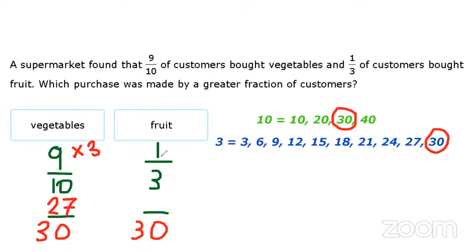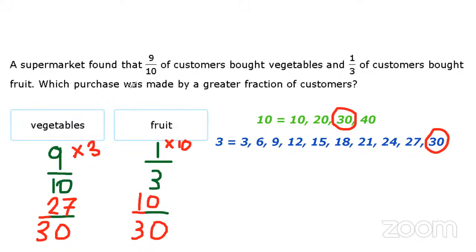All right, let's look at a third. 3 into 30, or 30 divided by 3, that's 10. And 10 times 1 is 10. So we would have made equivalent fractions here. And so it's easy for us to compare these fractions.